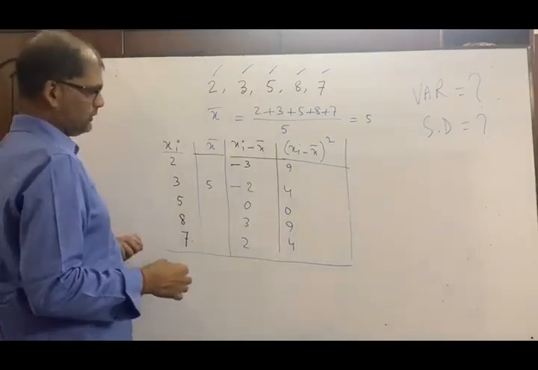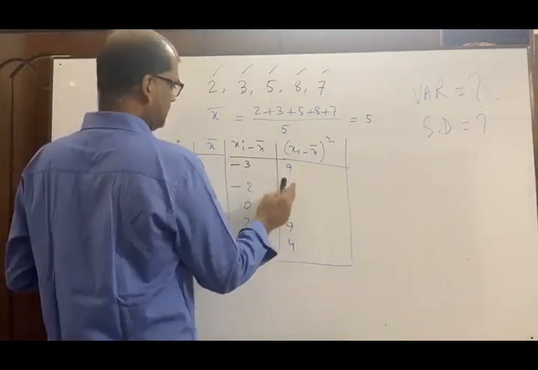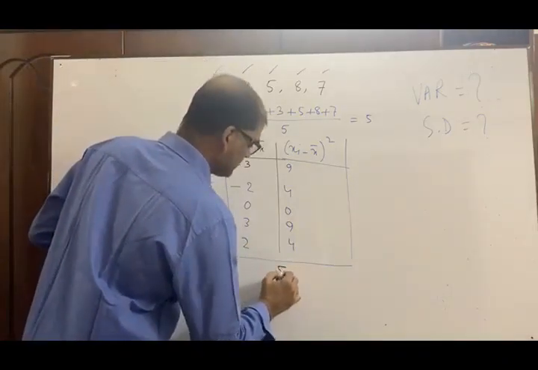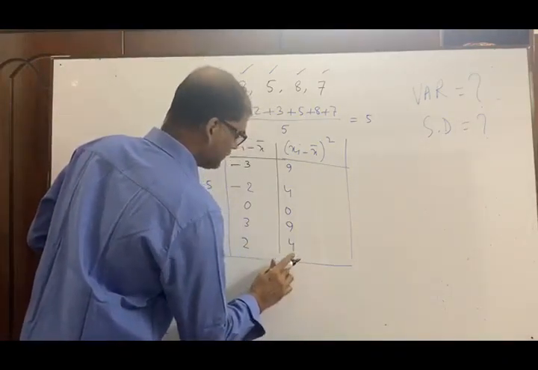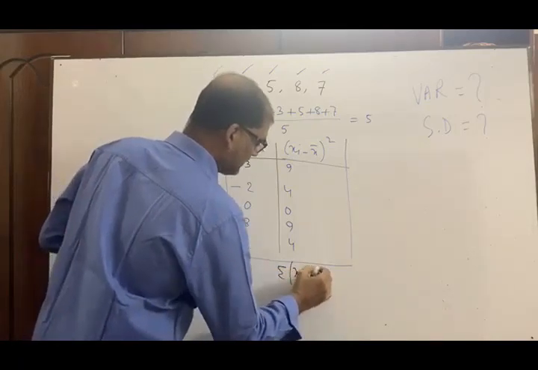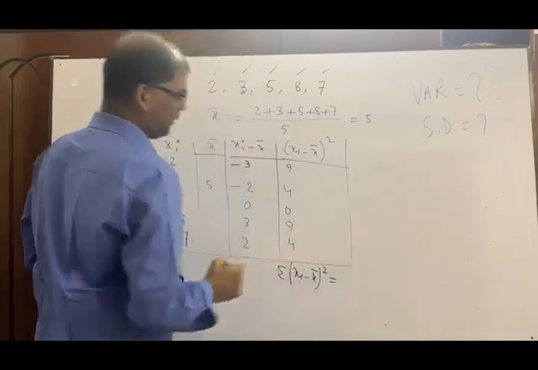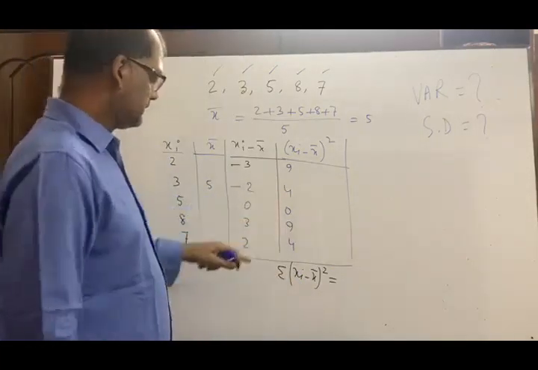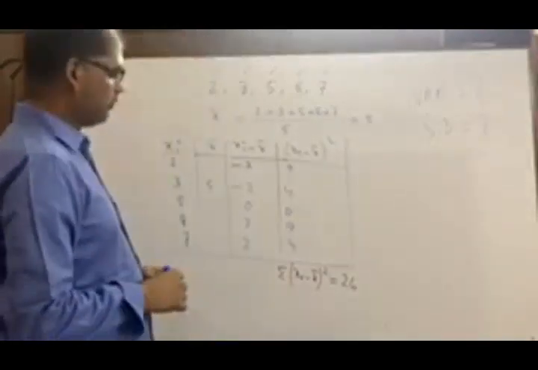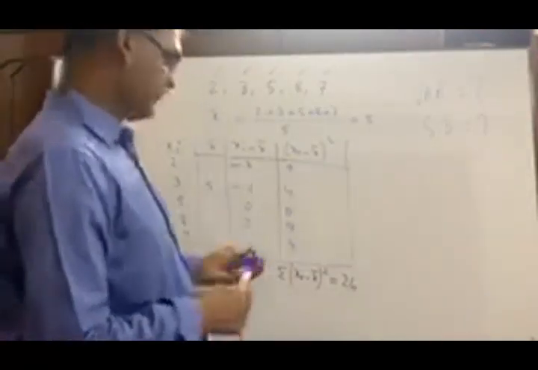So this is 9 plus 4, 13 plus 13 equals to what? Summation xi minus x bar whole square is equal to 13 plus 13, that is 26.